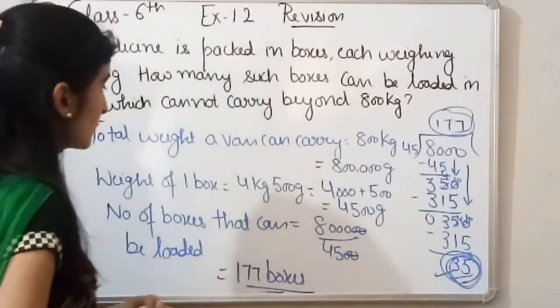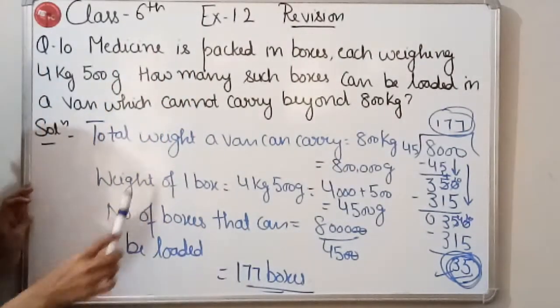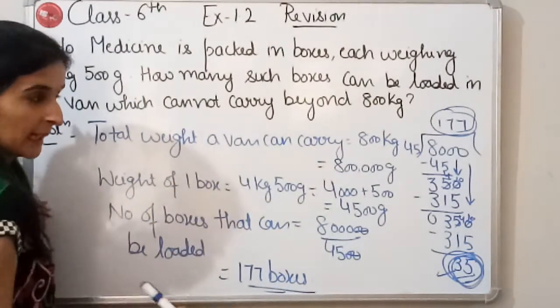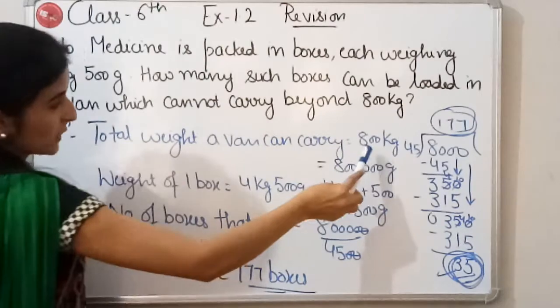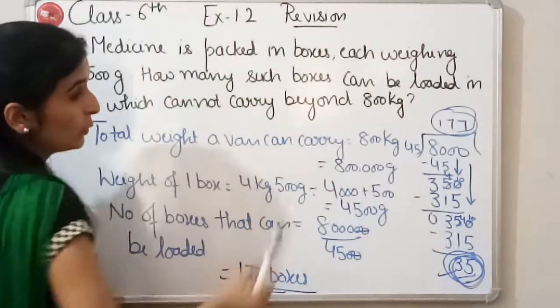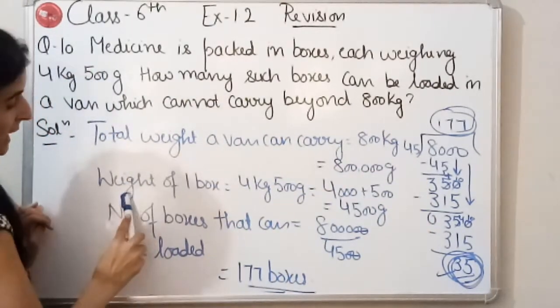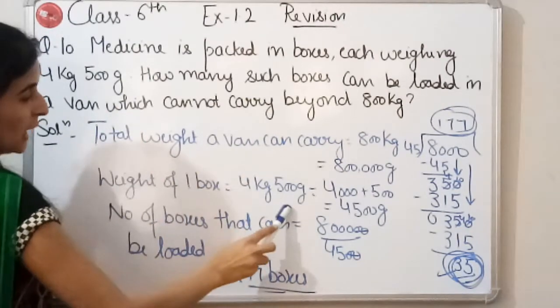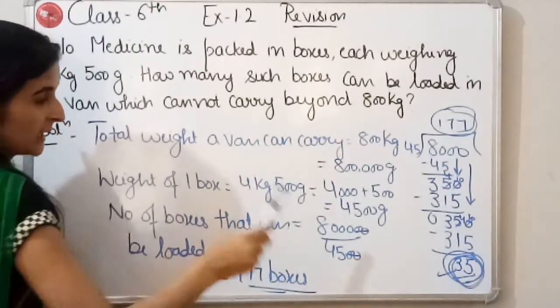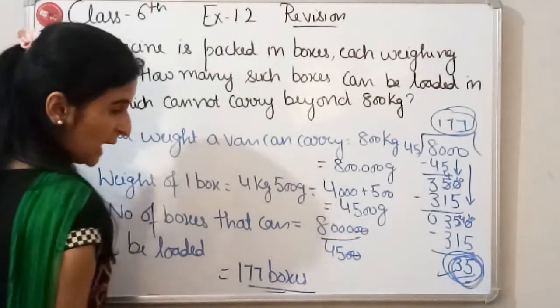Fine. So what was the question? We were given the total weight a van can carry, that was equal to 800 kilogram. Then we changed this kilogram into grams. Then we were given the weight of one box, that is 4 kilogram 500 gram. That again we changed into grams.